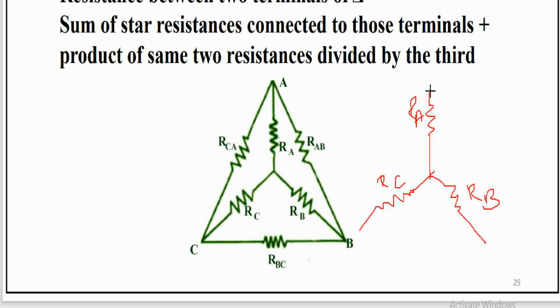After doing those divisions and multiplications, this is your star. Like this also you can draw.